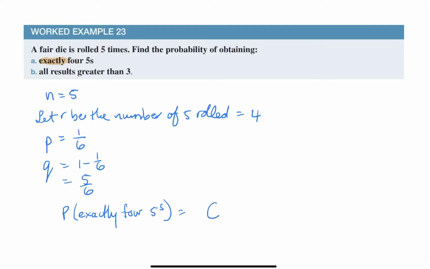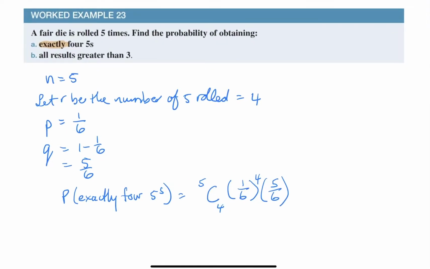It's the combination 5 choose 4, multiplied by the probability of getting a 5, so 1 in 6 to the power 4, because it happens 4 times. Multiplied by 1 time it should not be a 5, so it's exactly 4 5s. For 4 times we have 1 in 6 chances, and then 5 out of 6.